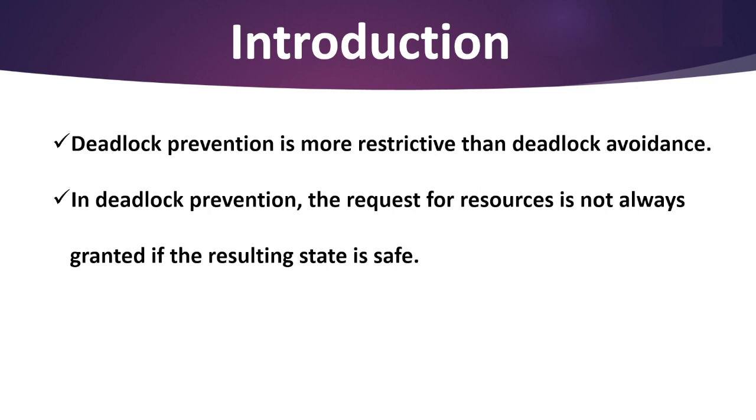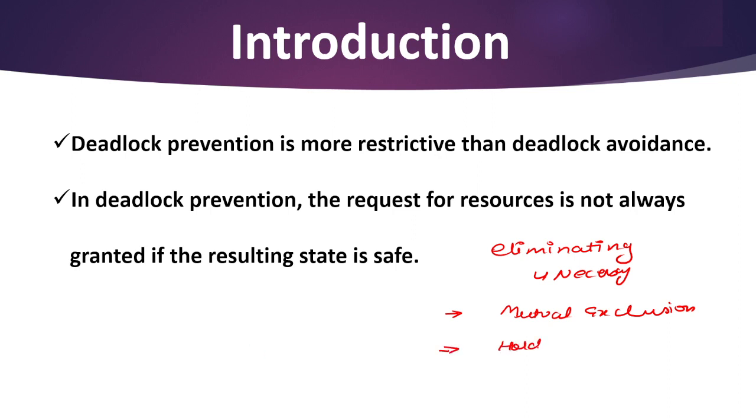So deadlock prevention can be done just by eliminating any of the four necessary conditions. We have already discussed the four necessary conditions that include mutual exclusion. We have discussed everything in detail. Second is hold and wait.